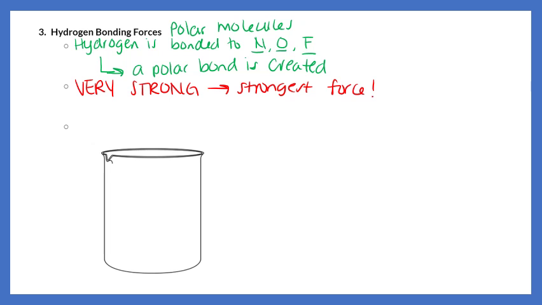Okay, and so if we were to look at hydrogen bonded to oxygen, it creates that dipole. If we were to look at hydrogen bonded to nitrogen, that dipole is also created. And if we were to look at hydrogen bonded to fluorine, that dipole is also created. And that dipole is very strong, okay? The electronegativity values are very large, or the difference, I guess.